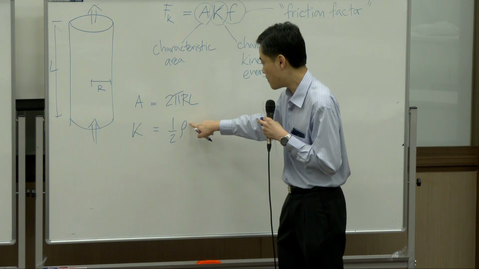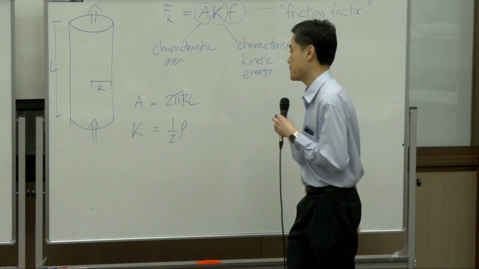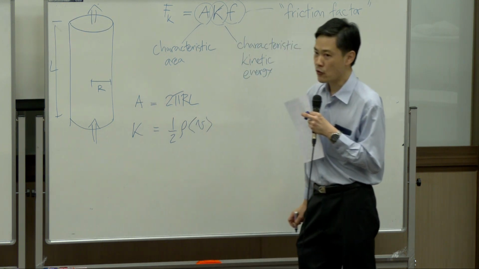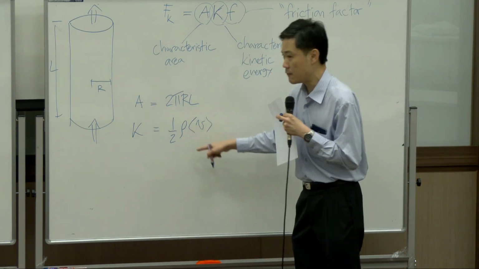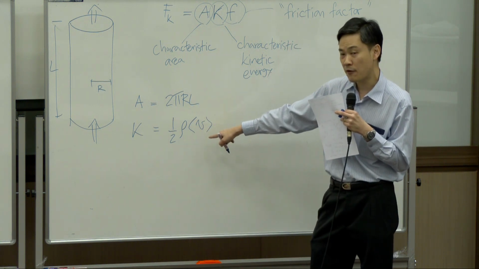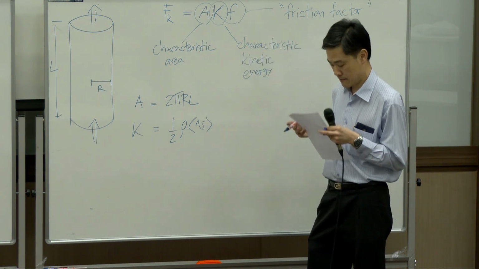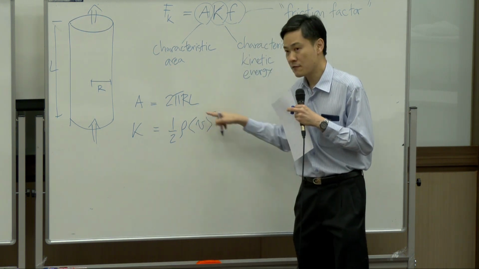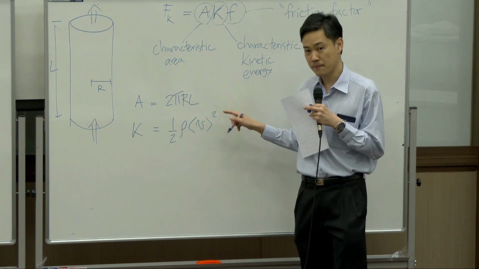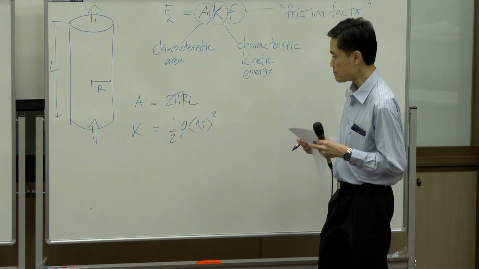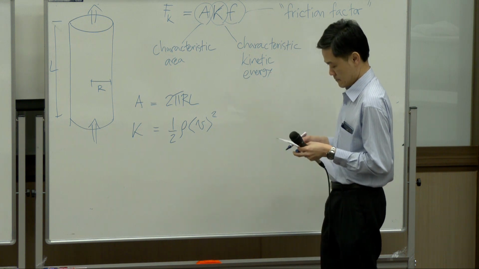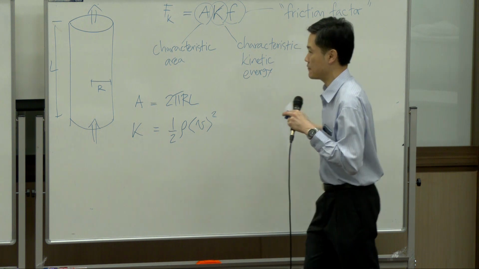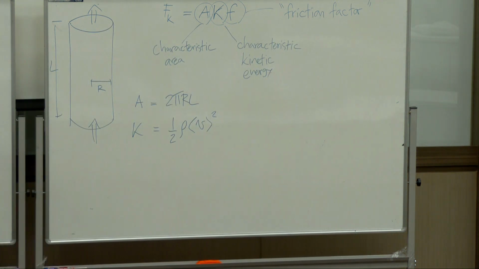So per unit volume, mass over volume is density, times V squared. In this case, we will use macroscopic balance, so this velocity would be the average velocity instead of local velocity. So this will be the average velocity squared. You average first and you square it later. Okay? So if I take this equation, Fk equal to AKf, let me rewrite it this way.